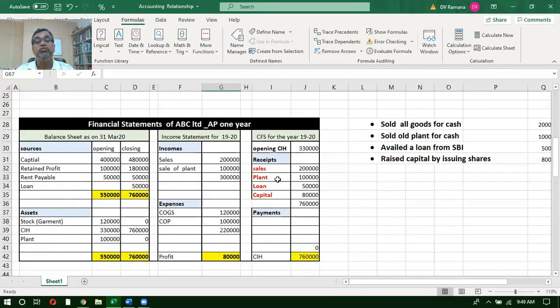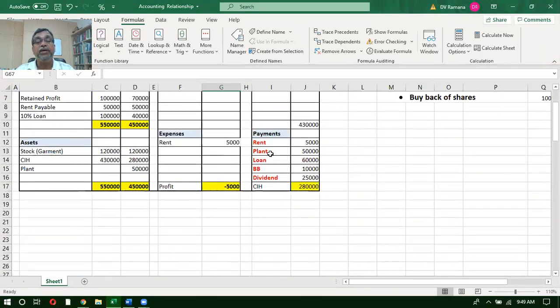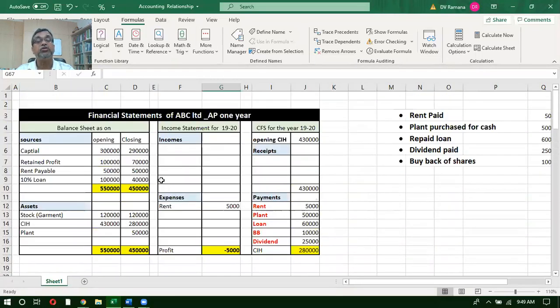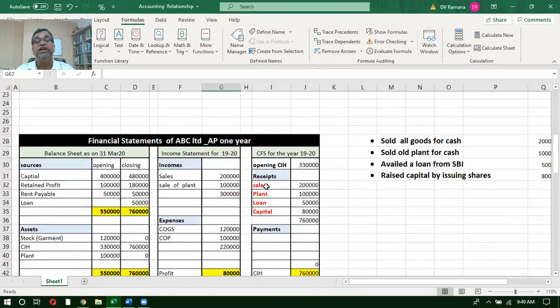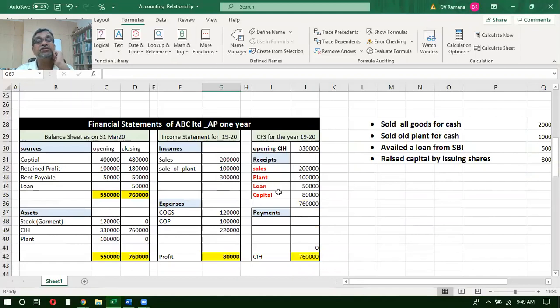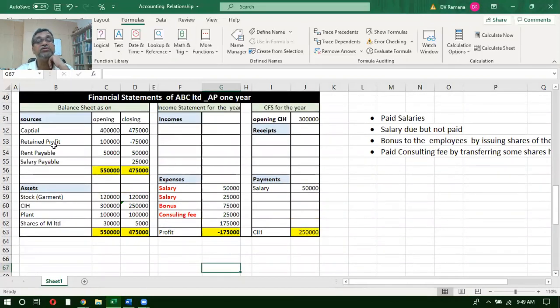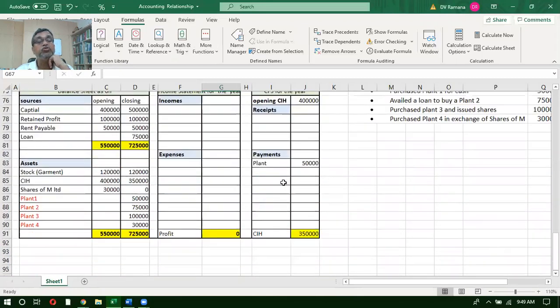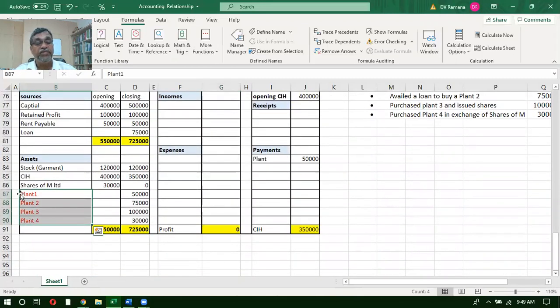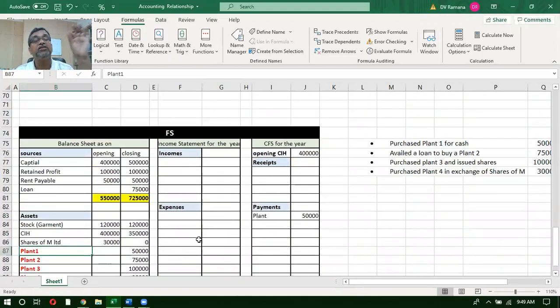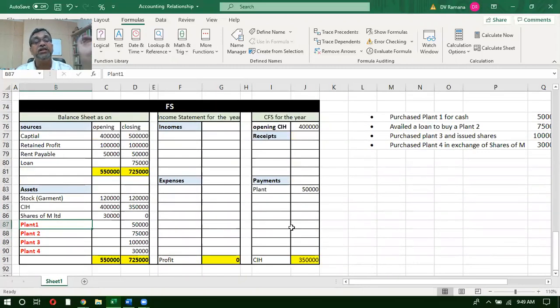The first one was to observe the payments and see the effect on the financial statements. The second was to observe the receipts. The third was to see the expenses and the impact on the relevant financial statement. And the fourth was on the acquisition of asset, and the direct impact on the date of the transaction on the financial statements.